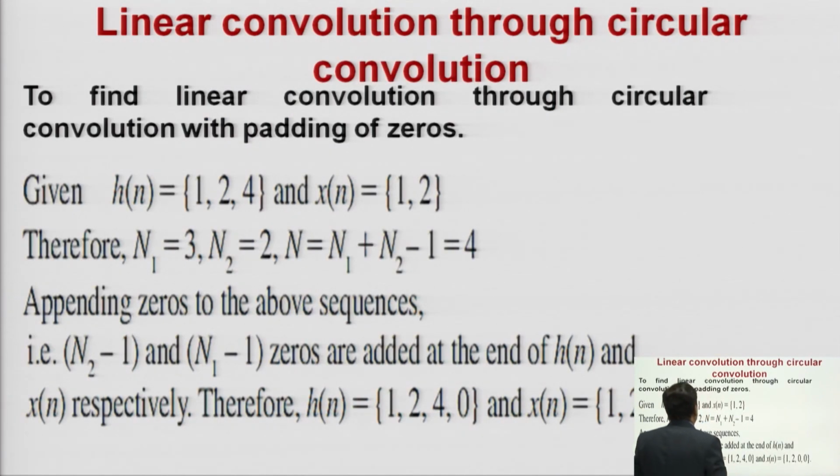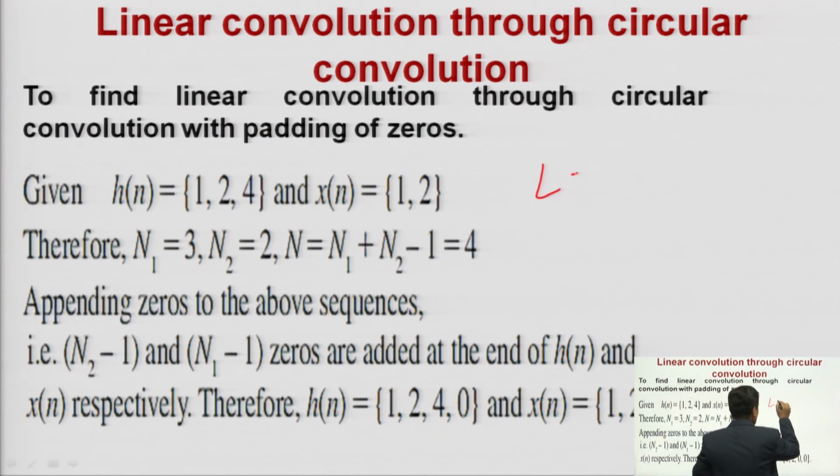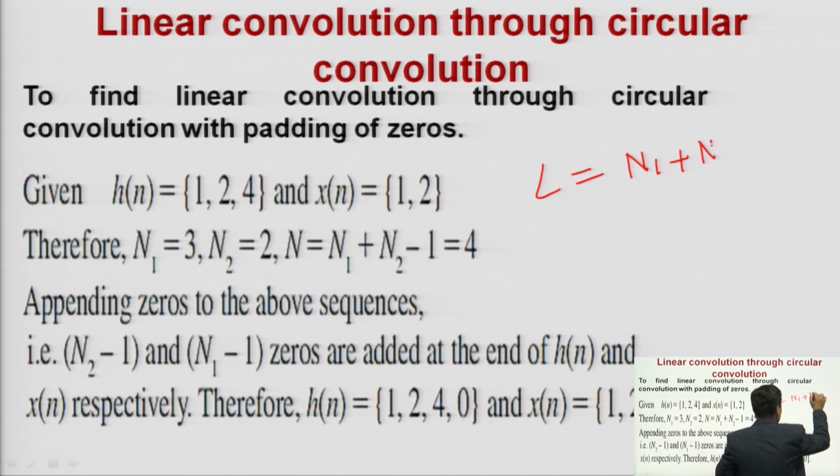Now, how is linear convolution possible through circular convolution? If you want to convert through circular convolution, you have to remember this condition: your L should be at least equal to N1 plus N2 minus 1.